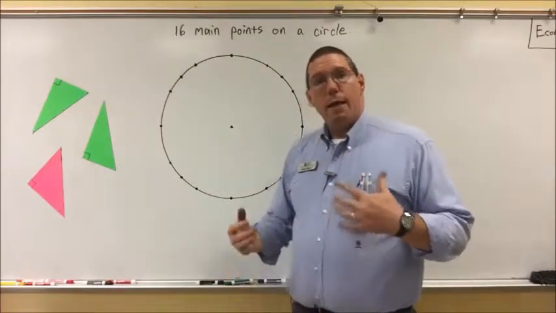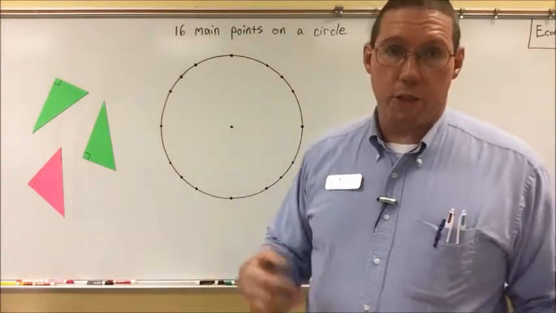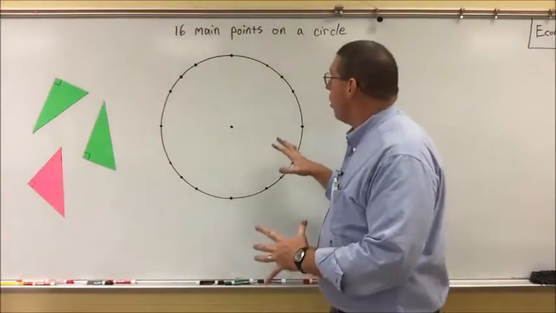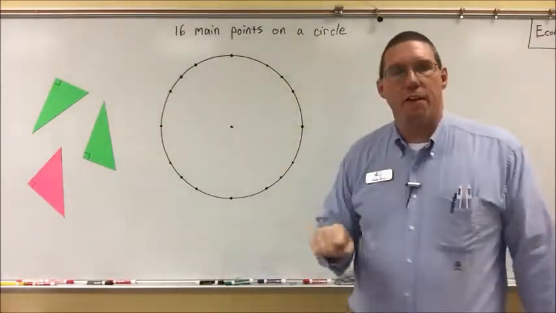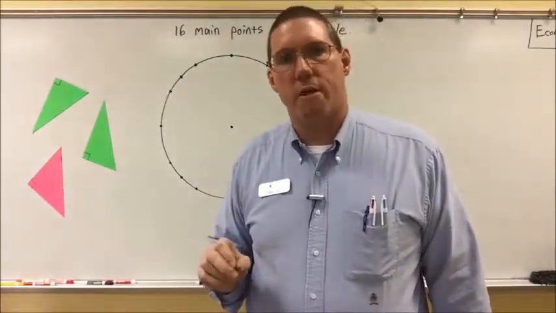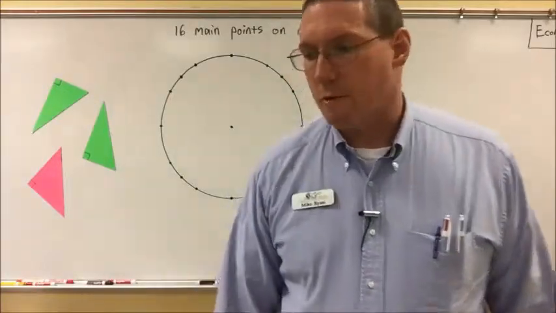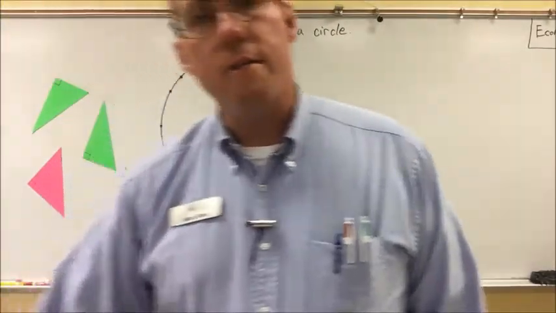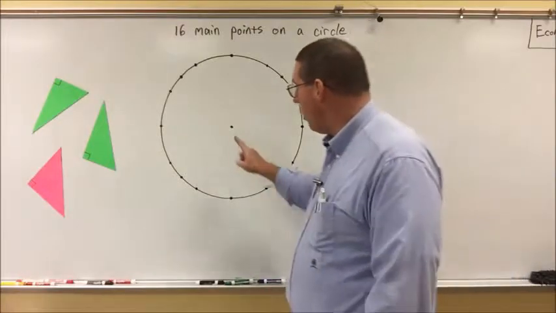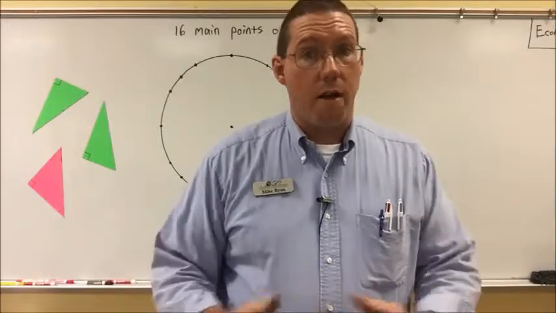But in math, in particular in the subject of trigonometry, which is kind of a subset of pre-calculus, we focus on 16 of those infinite number of points. 16 of those points are extremely important to us, probably because they're the easiest ones to determine. Okay, so we have these 16 points that are very easy to determine where they are if we know where the center of the circle is and if we know what the radius of the circle is.